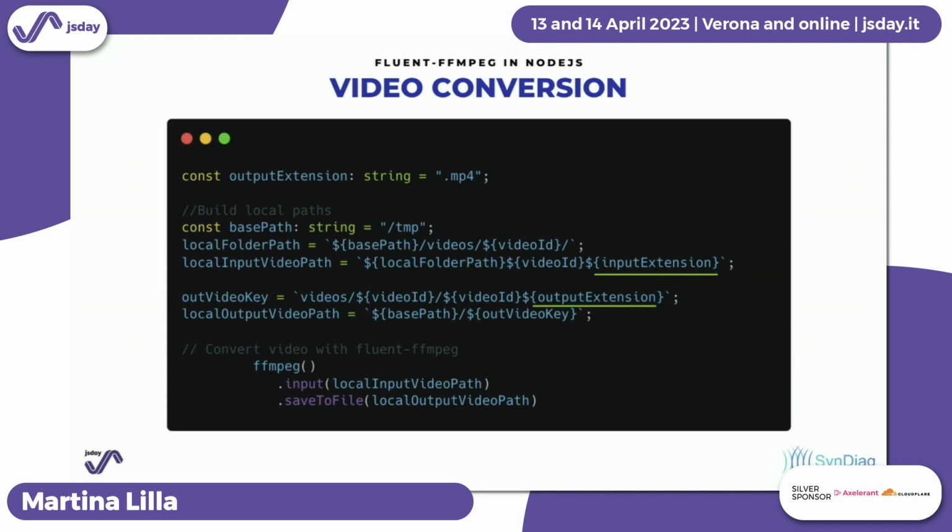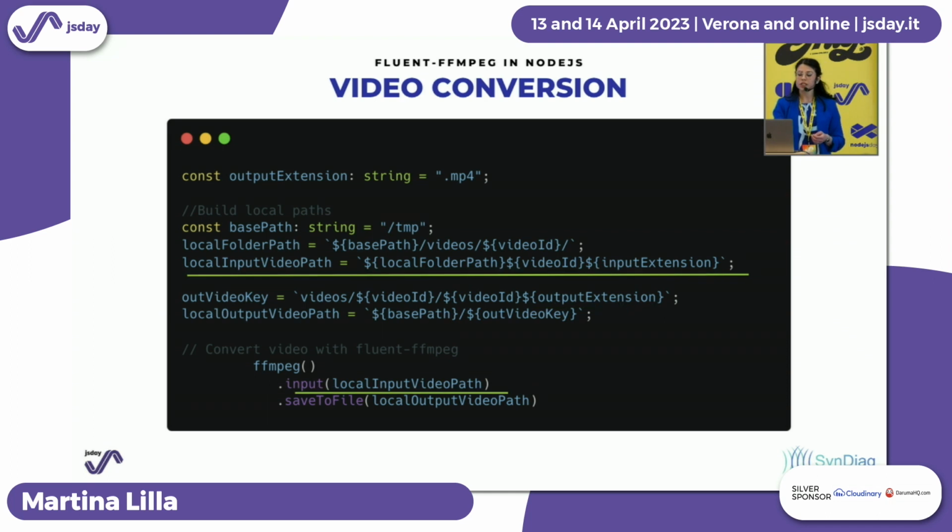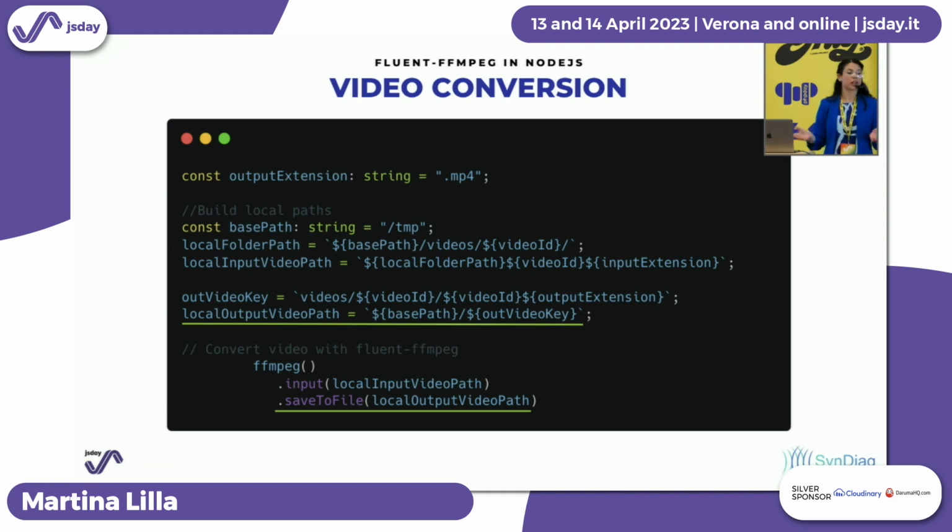In this particular case, we have a local input video path that has an input extension that we expect to be, for example, AVI or MOV, while in the output path, we have an output extension that we imposed to be MP4, as stated in the first line of the code. So it is sufficient to declare the local input video path and pass it to the input method, as well as define the local output video path and pass it to the save-to-file method.